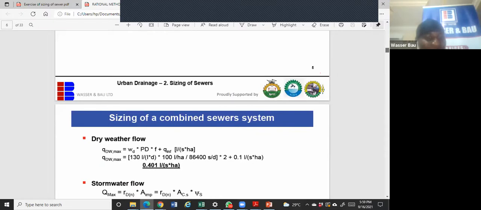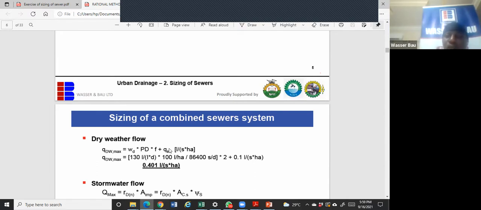How did we get the dry weather flow? The dry weather flow will be the wastewater flow multiplied by the population density, multiplied by the factor of safety, then you include the infiltration constant, which is a value to take care of unaccounted water. Because in sewer lines, we often see water that comes into the sewer lines that was not designed for ab initio.